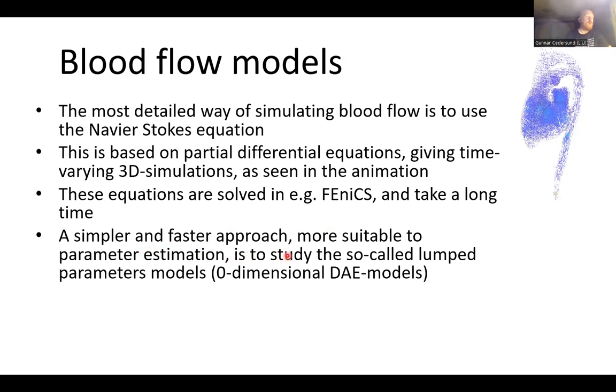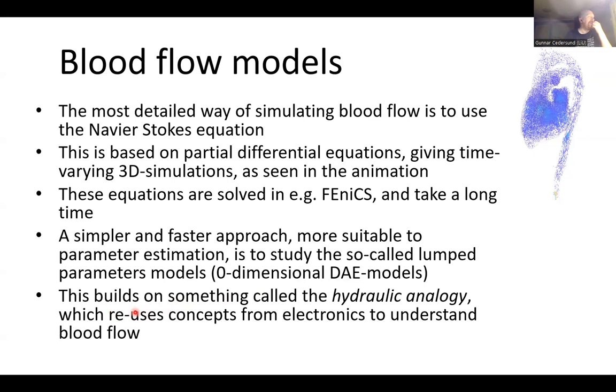And the one that we'll look at today is the one called the lumped parameter models, or zero-dimensional models. So zero-dimensional because they have no partial derivative left, except for the time variation. And either they are ODE or they are DAE models.